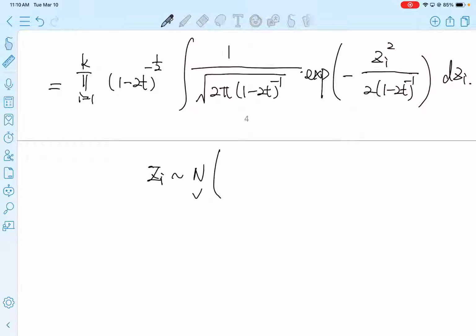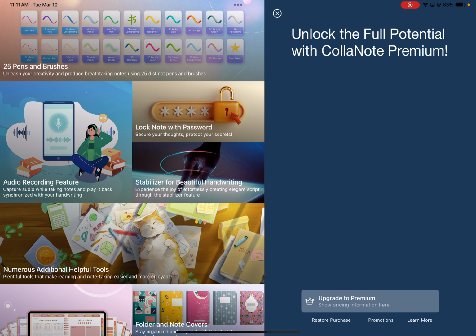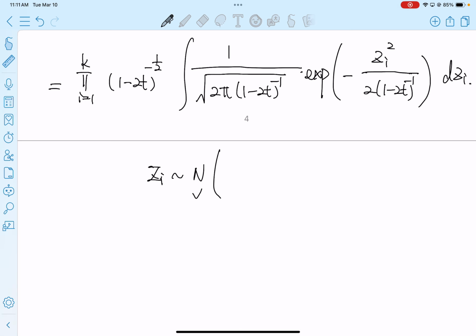If you look at the formula for the general normal distribution, you have z_i minus mu over 2 sigma squared. So here, the mu is like a minus 0, so you can write it as z_i minus 0 altogether squared. So this is telling you the mean is equal to 0. What is the variance here?